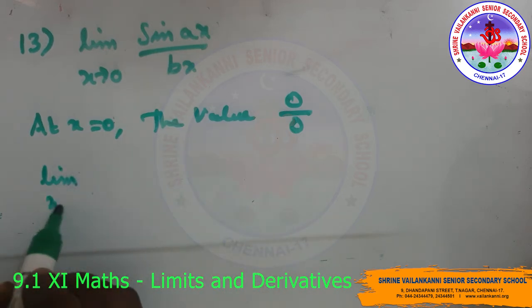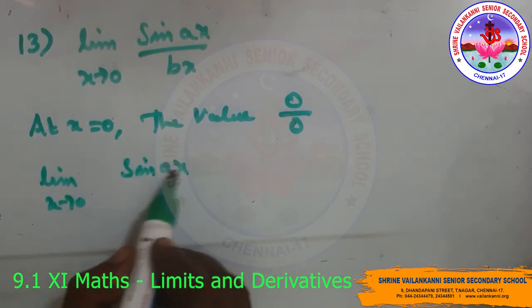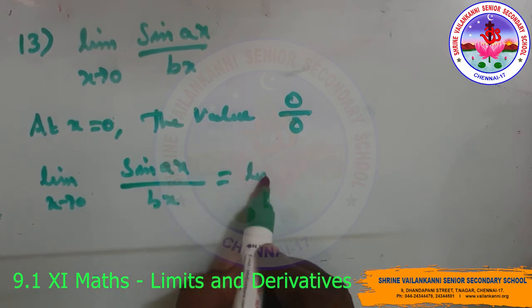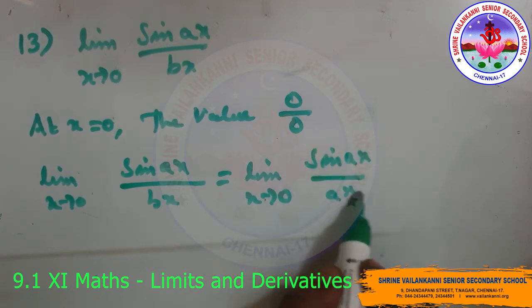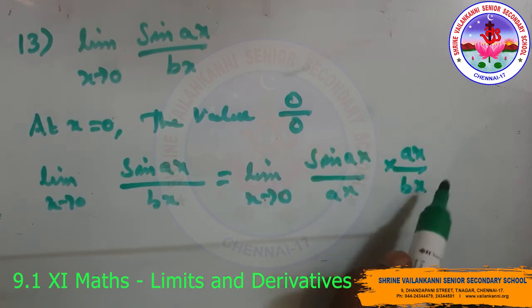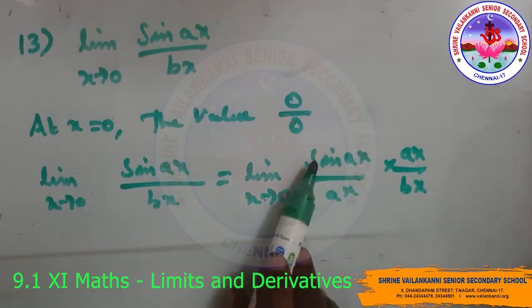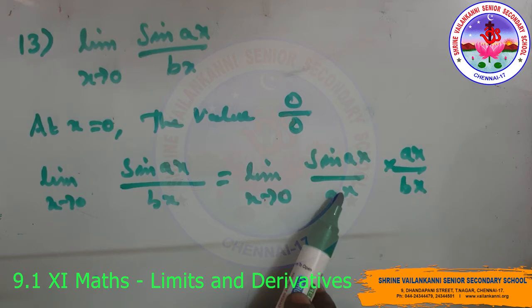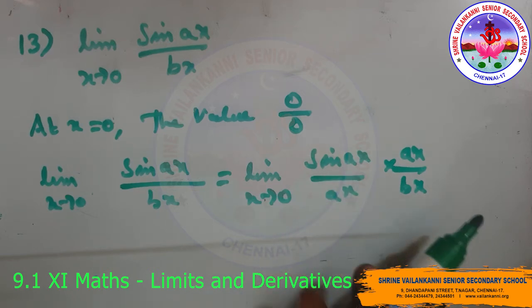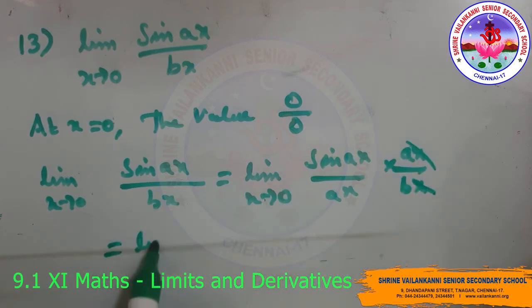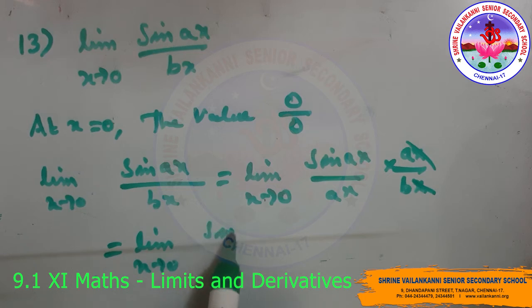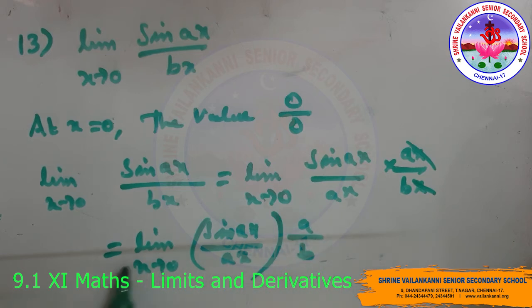Now limit x tends to 0 sin ax by bx is equal to limit x tends to 0 sin ax by ax into ax by bx, multiplying and dividing by ax, so that we can form sin ax by ax to get the result sin x by x, which is equal to 1. Here we can cancel x and x. So this will become limit x tends to 0 sin ax by ax into a by b. Since this is equal to 1, we get a by b.